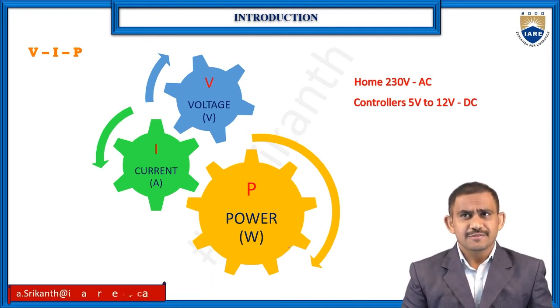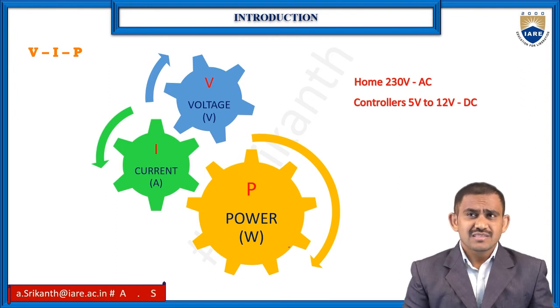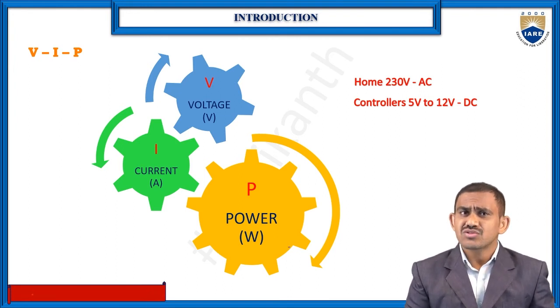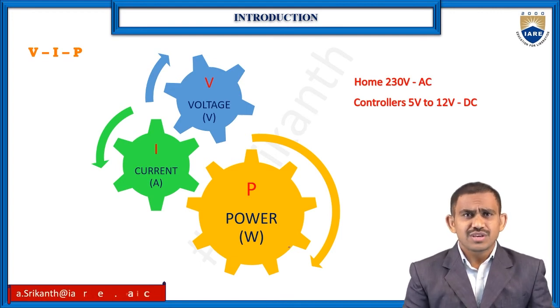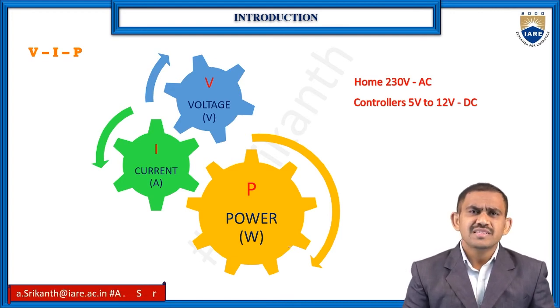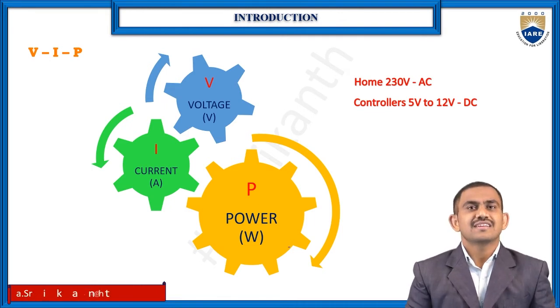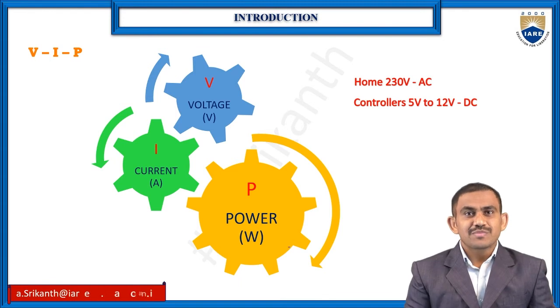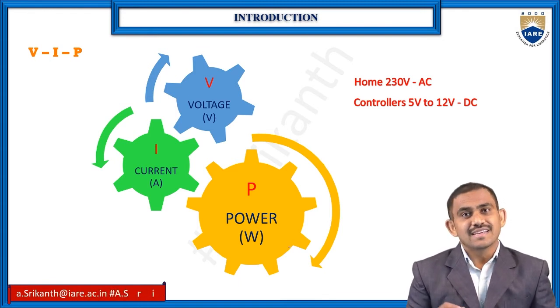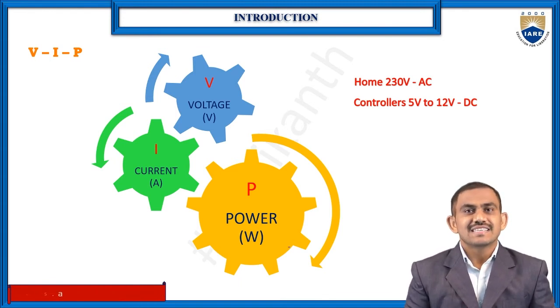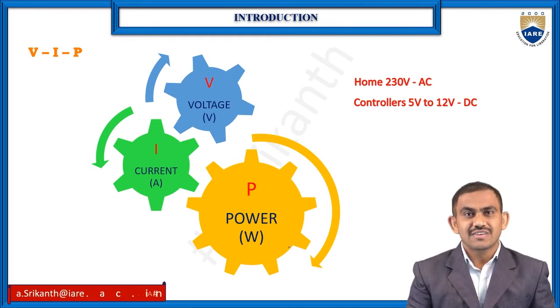We'll discuss that again. Then controllers: controllers have 5 to 12 volts DC, while in our home we have 230 volts. In your home you are utilizing alternating current, that means AC. DC means, for example, TV remotes.